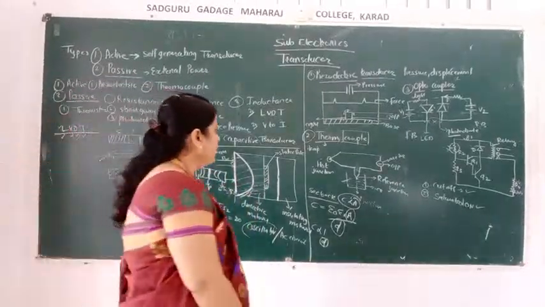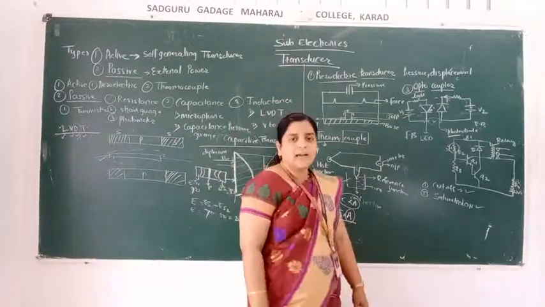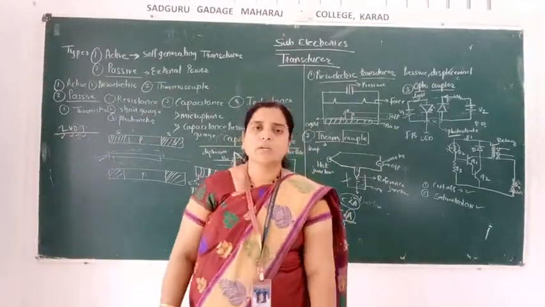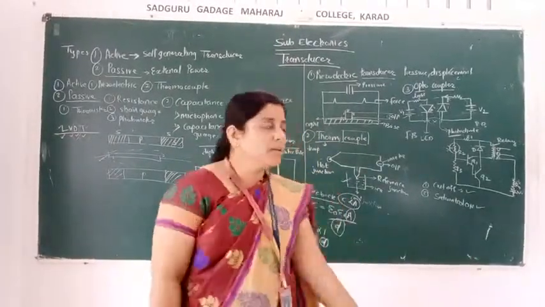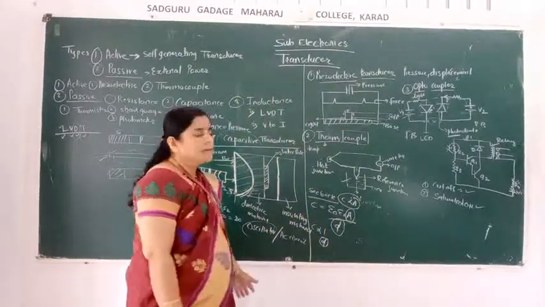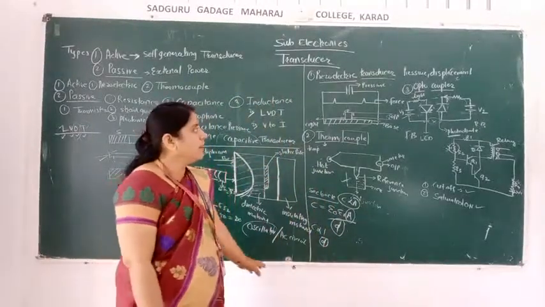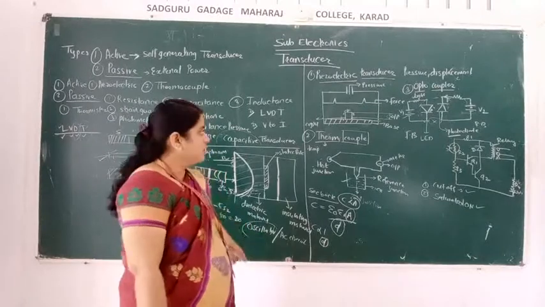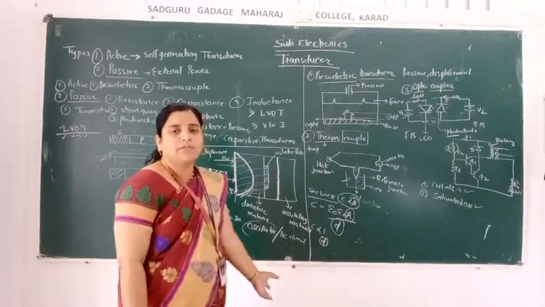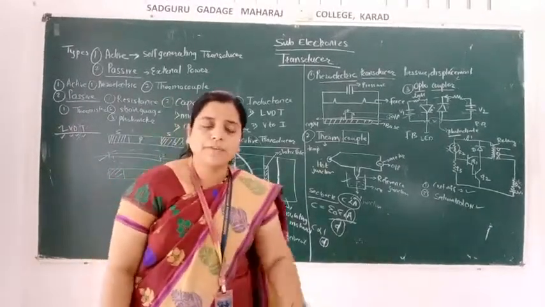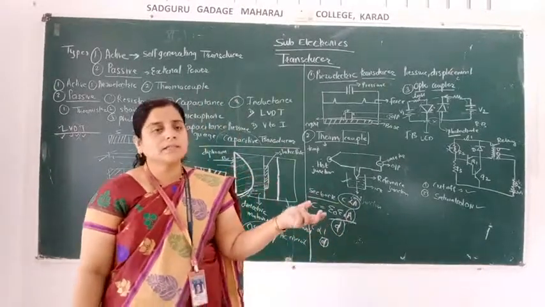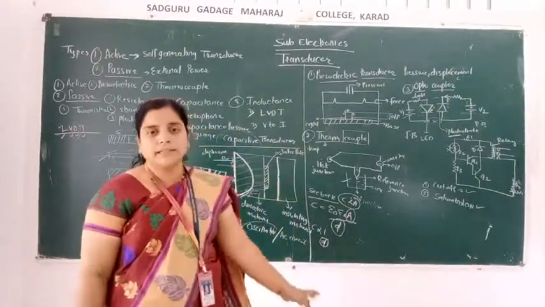If you have any query, you can ask me directly on my contact number or on a Zoom meeting. So this is the review of your chapter. If you miss any lecture, you can cover it in this lecture only.